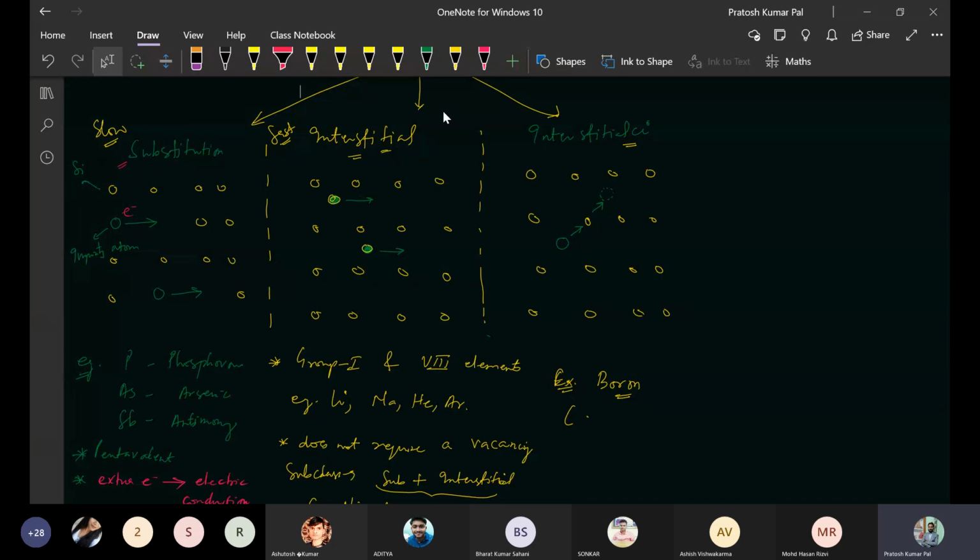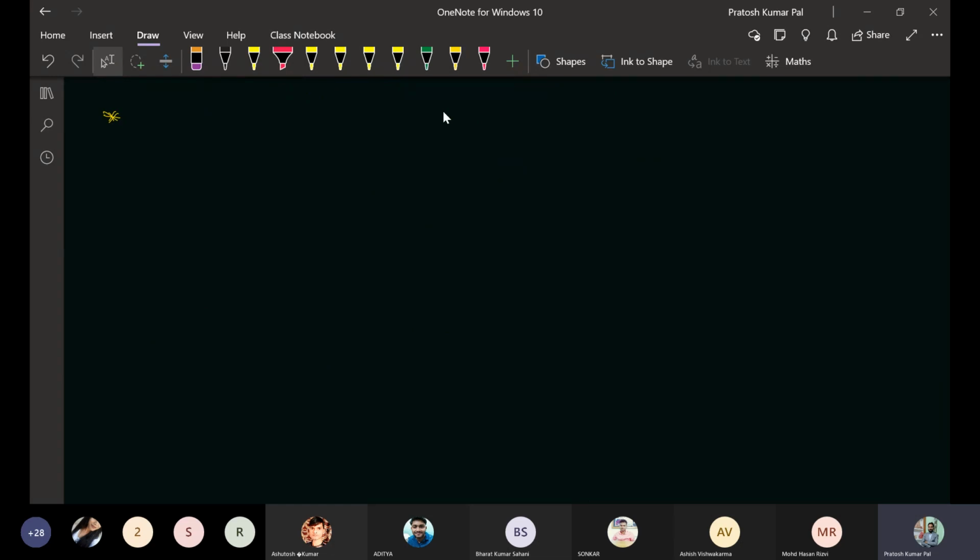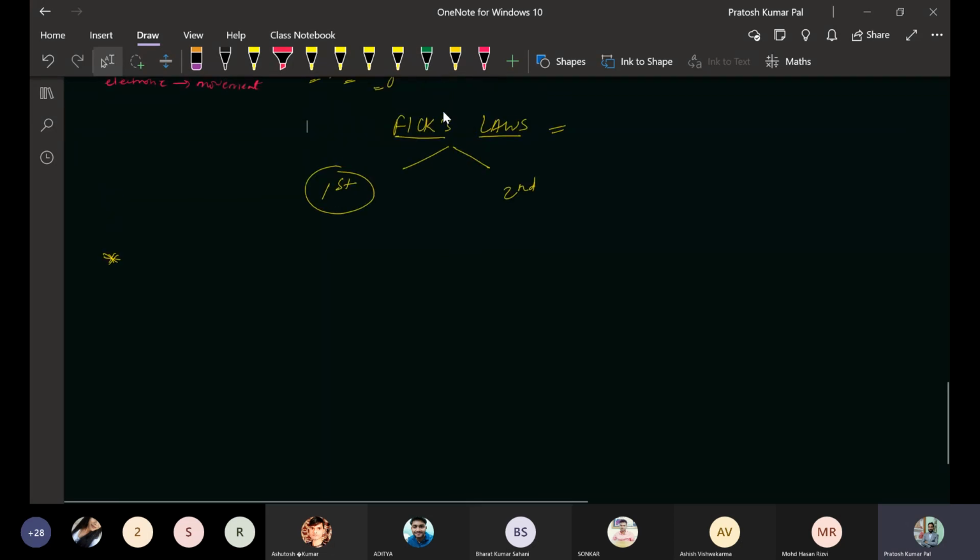It is having a movement in only one direction. So this is called 1D movement, one-dimensional movement. If the diffusion of impurity atoms is taking place in one dimension, then this has been explained by Fick's law. Fick's law only depicts the one-dimensional movement of dopant atoms.